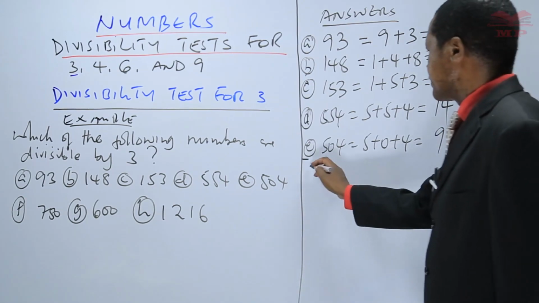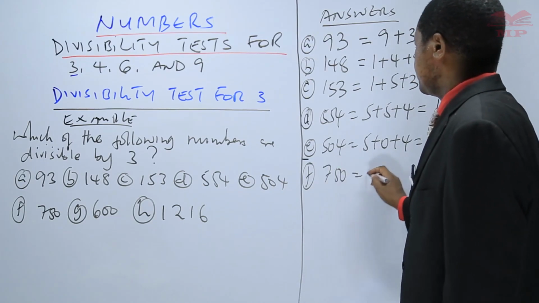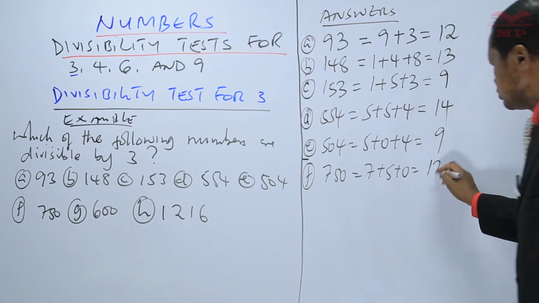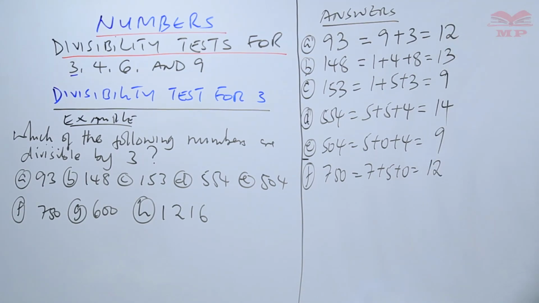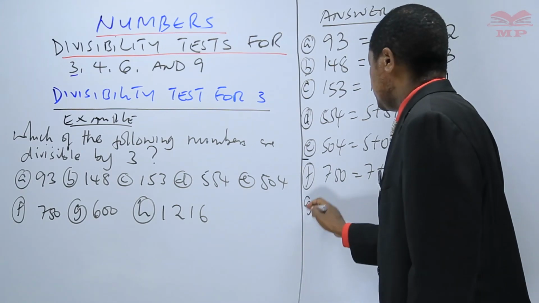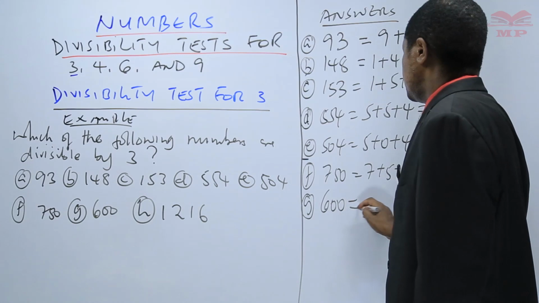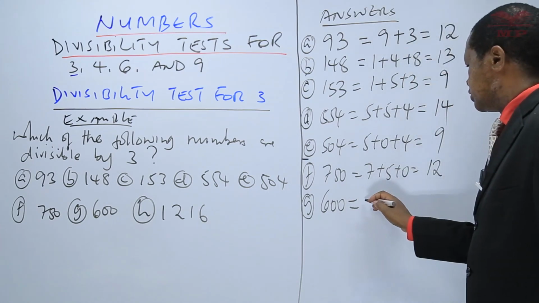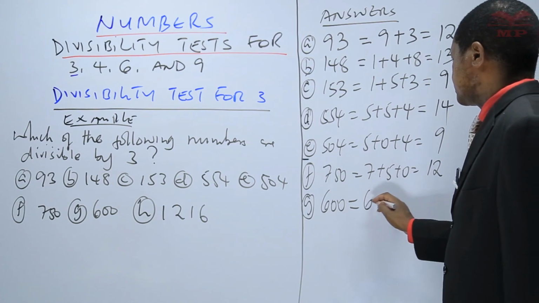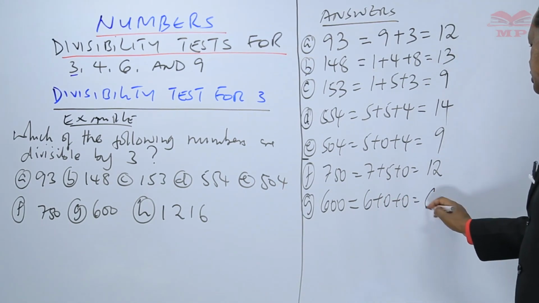Coming to F, what is the sum of the digits? 750 is equal to 7 plus 5 plus 0, which is equal to 12. Then G is 600. The sum of the digits will be 6 plus 0 plus 0, which is equal to 6.